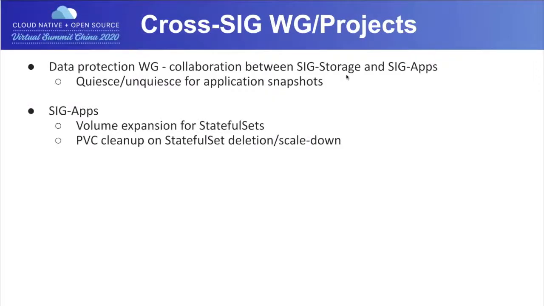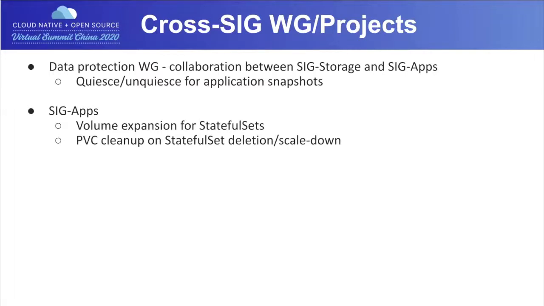We also have a cross-SIG working group called the Data Protection Working Group. This is a collaboration between SIG Storage and SIG Apps. I co-lead this working group with Xiang Chen from Google. In this working group, we have been discussing a number of features that we already talked about earlier, such as volume group and the generic data populator and so on.